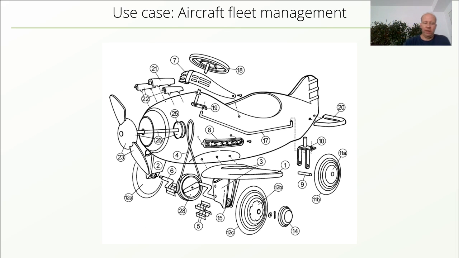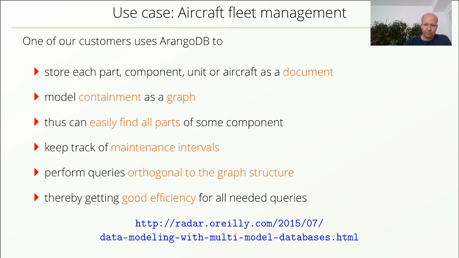And what turned out in this use case is that a very good way to do the data model for this was to store each part, component, unit, or aircraft as one document. And the containment of these parts or components is modeled as a graph. So why was this important?